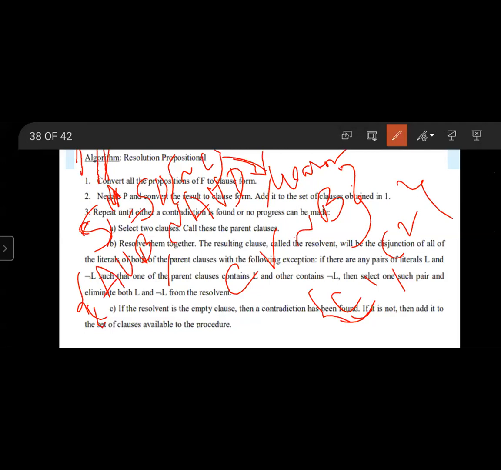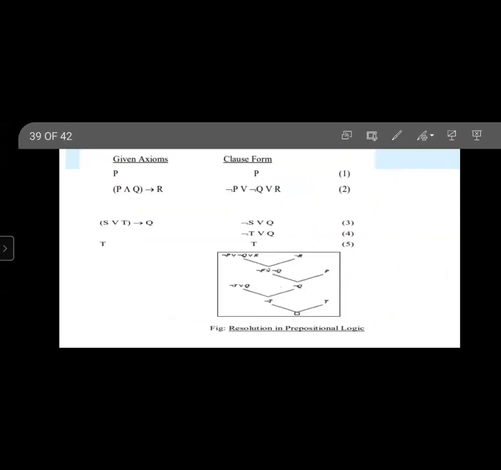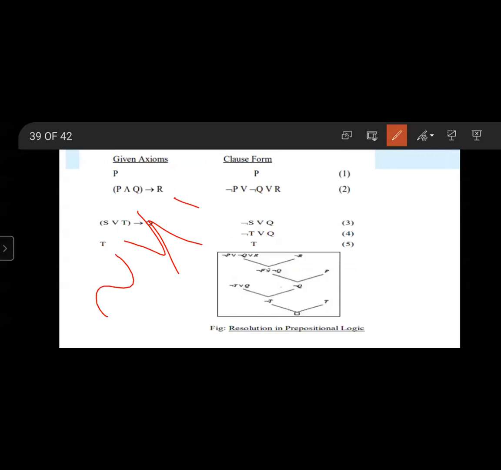A formula is said to be in its normal form if it is constructed using only the connectives not, and, or.